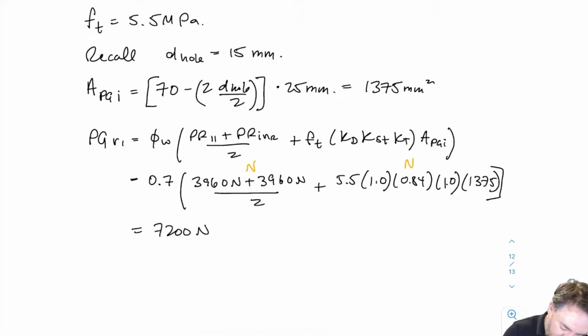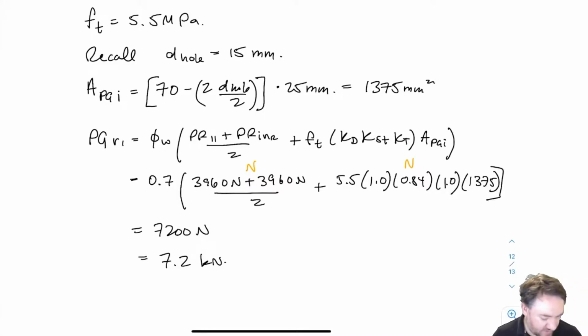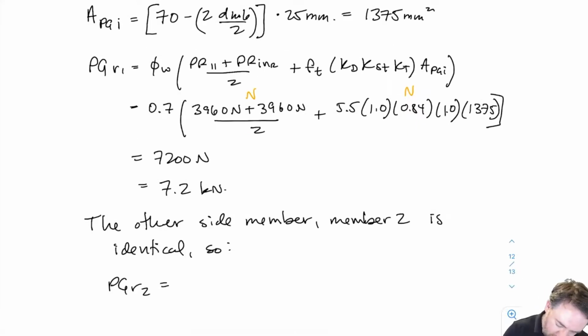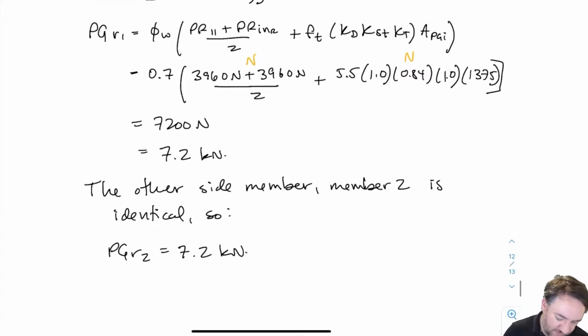7,200 newtons, 7.2 kilonewtons. So that is my group tear-out failure. Then for the other member on this side, since the other side is identical, P_GR2 is the same as P_GR1. So then I can calculate the total.